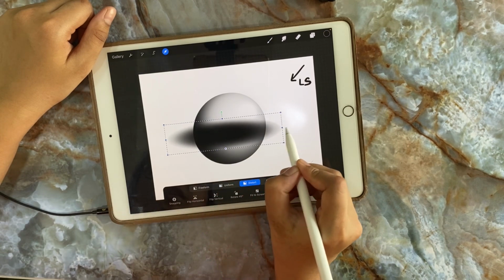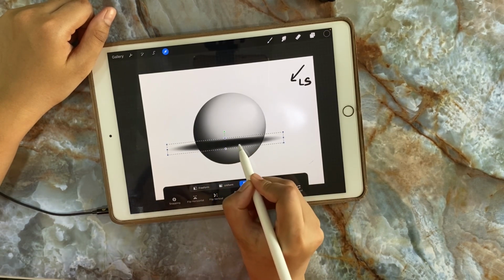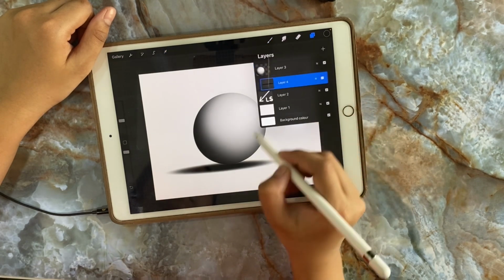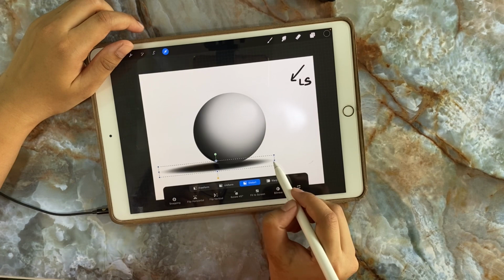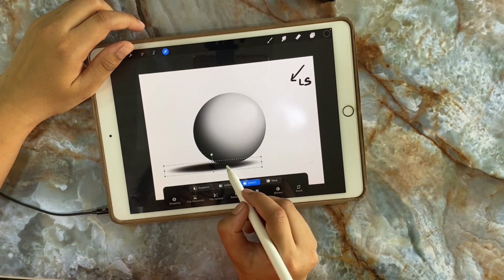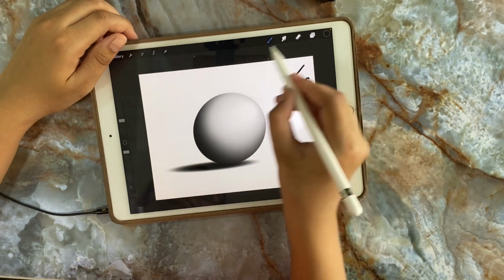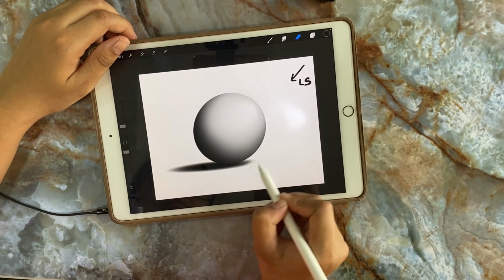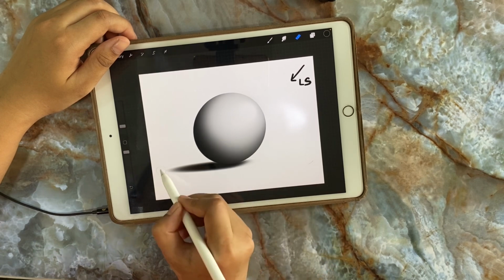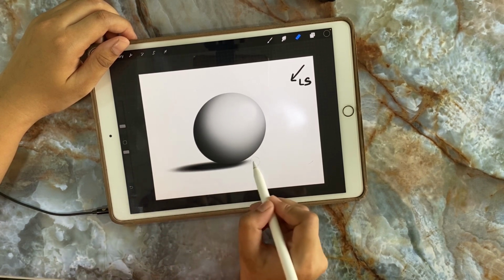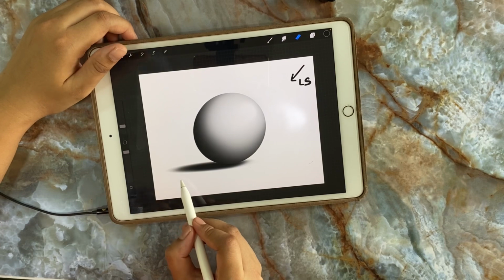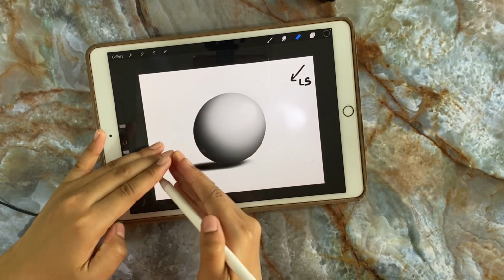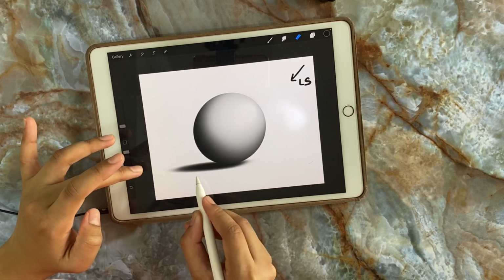Now the shadow will be like this. I'll just correct the shadows. So this is called the cast shadow. Since there is no light in this direction, the object blocks the light and a shadow is formed right here.